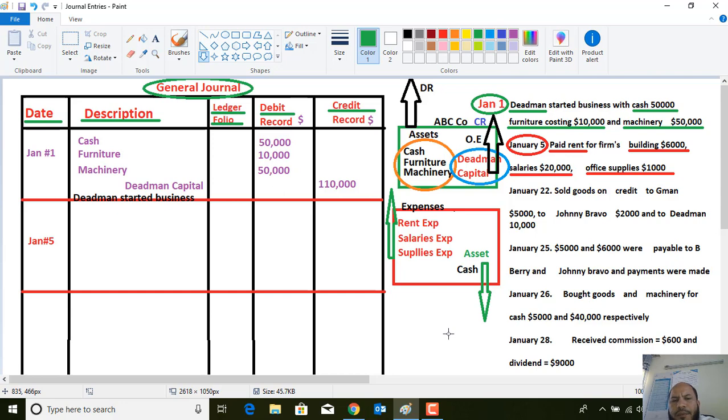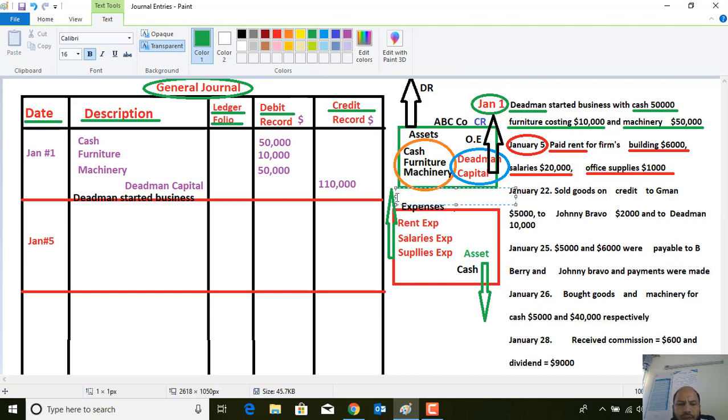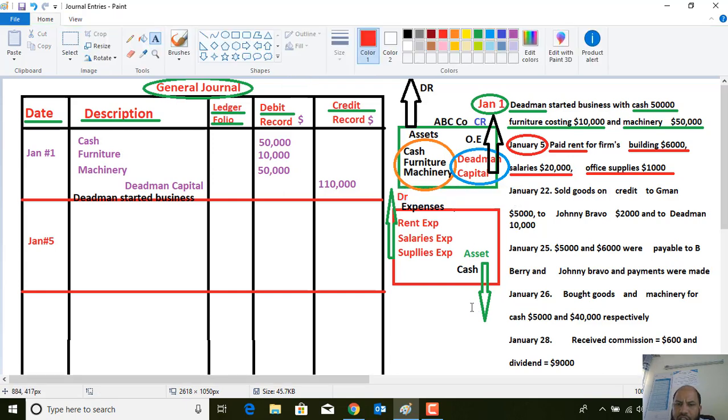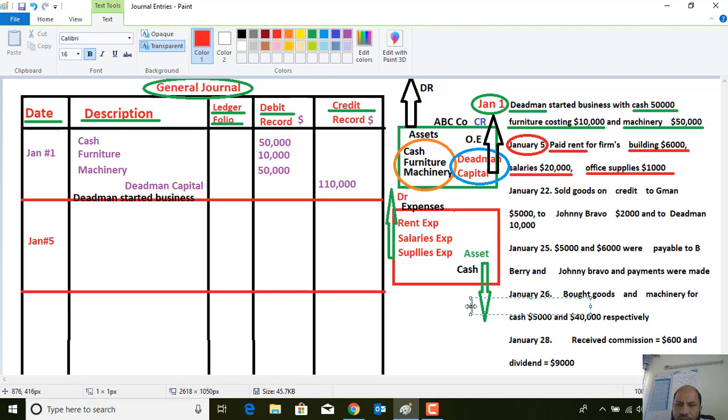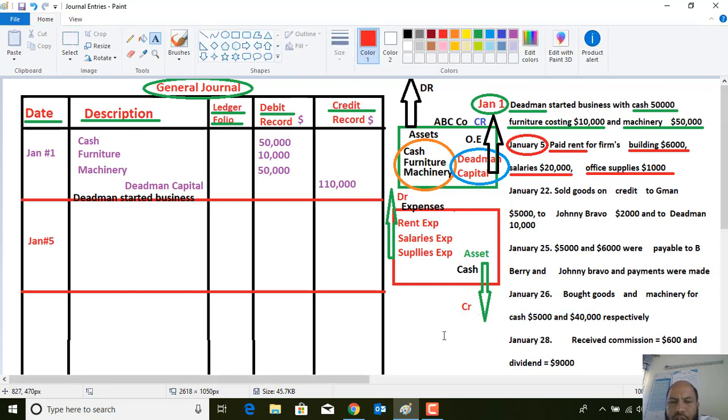So dear students, if you remember the rules for debiting and crediting, an increase in expenses should be recorded at the debit side. So it is a debit record and we will record it in the debit column. But a decrease in assets should be recorded at the credit side, so we will record that at the credit side of the business. If you see this table, this is a business and three activities happen in it.